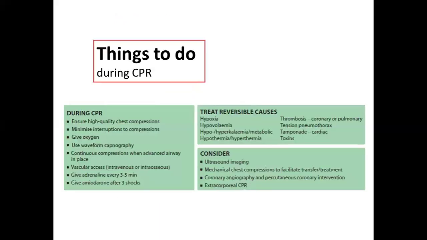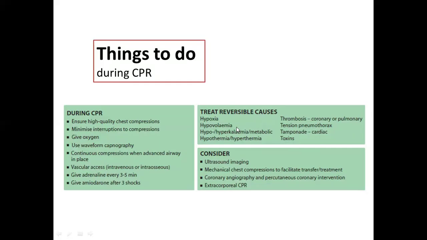Going forwards again, what are the other things we should do during the CPR? We should reverse the reversible causes. These are the reversible causes for cardiac arrest. Very important. These are the causes for cardiac arrest in adults, usually. The 4 Hs and 4 Ts.